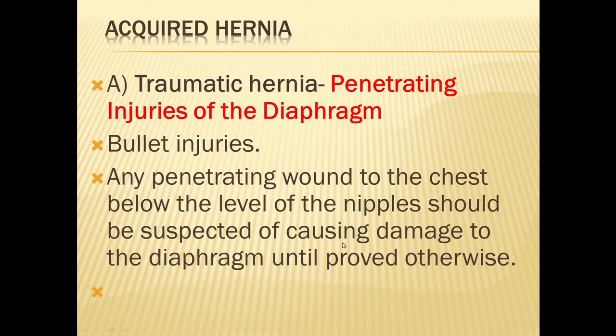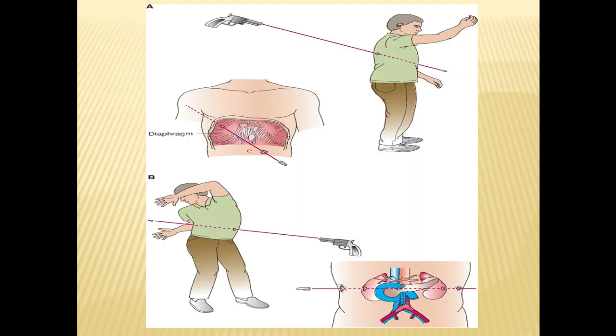If there is a bullet injury below the nipples, it can affect the diaphragm until it's proven otherwise.